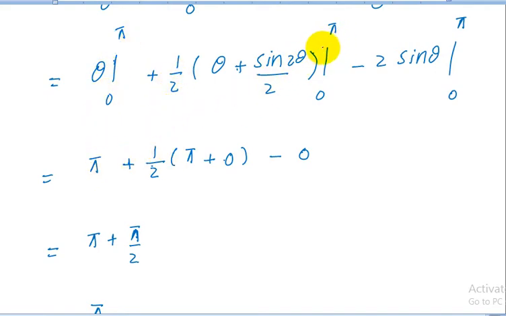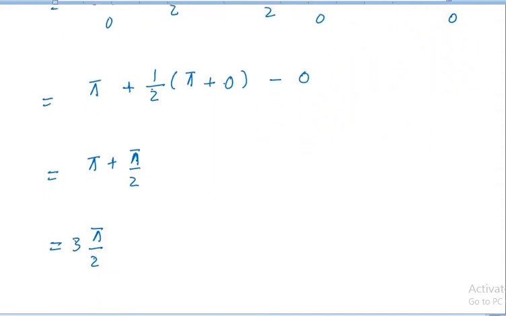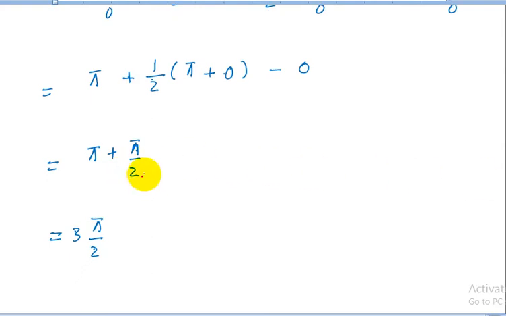First we put theta equal to pi, and it becomes pi minus sine 2 pi, which is 0. So pi minus 0, and when theta is equal to 0, the next term is 0. Similarly, minus 2 times sine pi minus sine 0. Sine pi is again 0, and sine 0 is 0, so it becomes 0. In the next step, it becomes pi plus pi by 2, which is equal to 3 pi by 2.